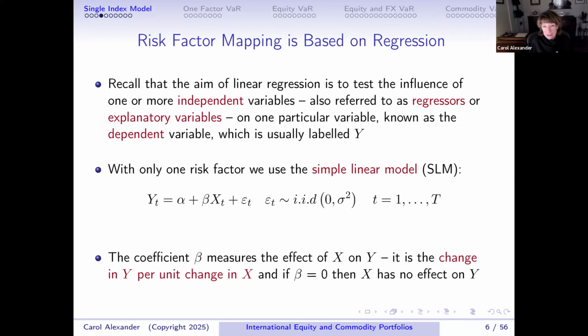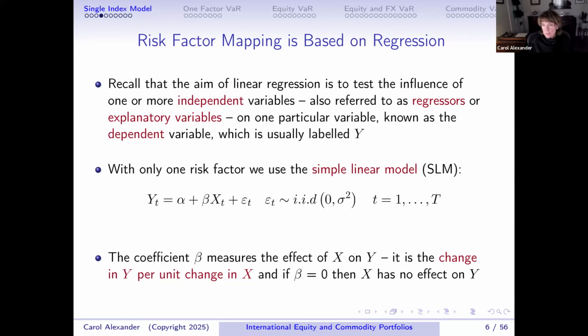X could be deterministic, but usually isn't. So this is the line of best fit if we ignore the epsilon, the error term, and including that, we can explain every single point. And what we're interested in for risk factor mapping is this beta. This is the effect of x on y. It's the change in y per unit change in x.